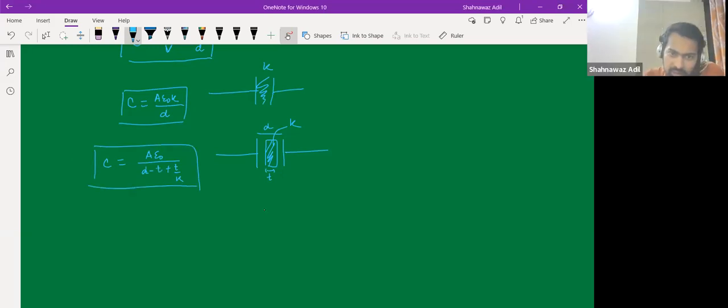And then I partially filled it with some conductor. This is some conductor. Then what was the capacitance then?